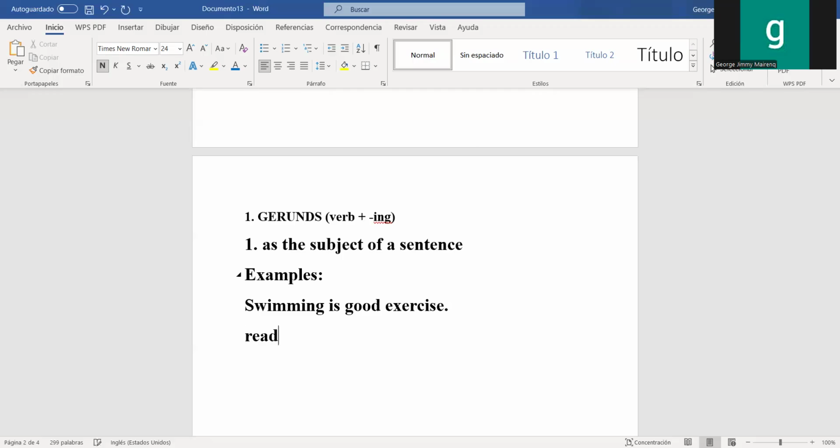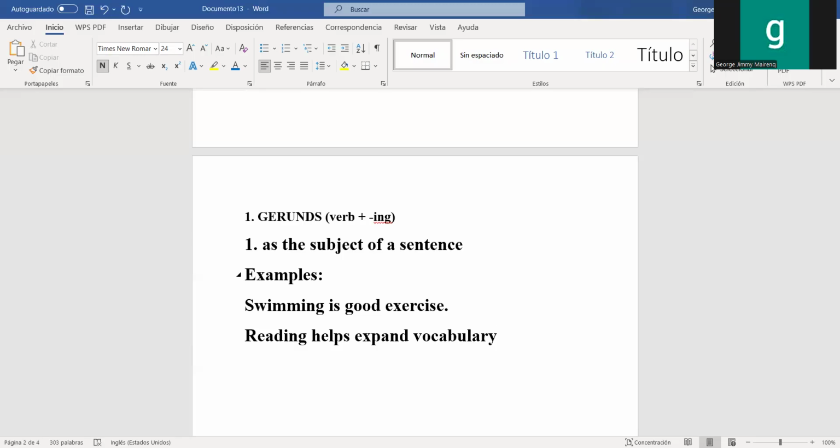Let's see the second one. Reading helps expand vocabulary. As you know, folks, when we read, we learn more vocabulary, we can expand our speech. Okay.